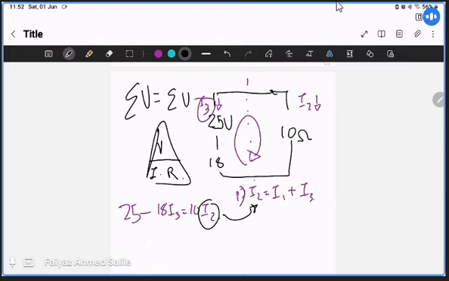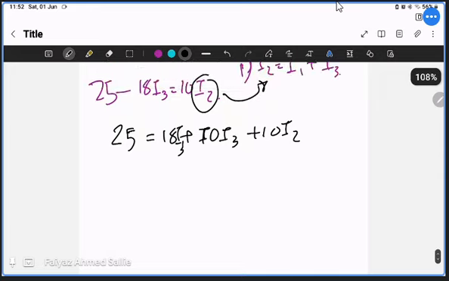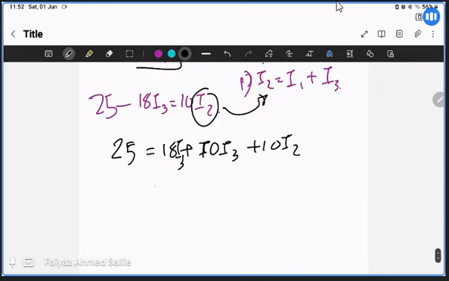And we're going to do 25 equals 18 I3 plus 10 I2. So we have 28 I3 plus 10 I2 equals 25.